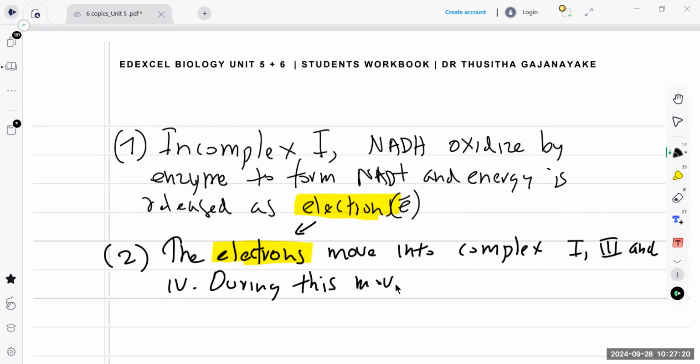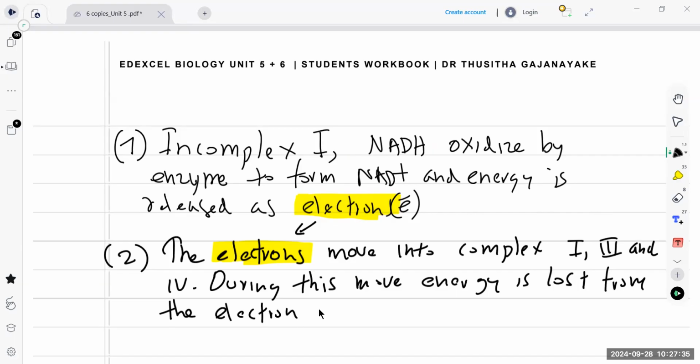During this move, energy is lost from the electron.